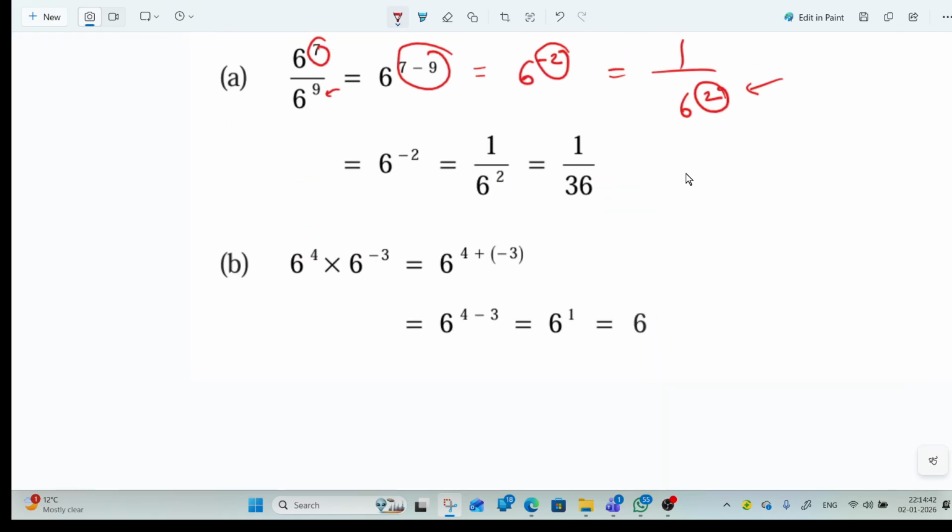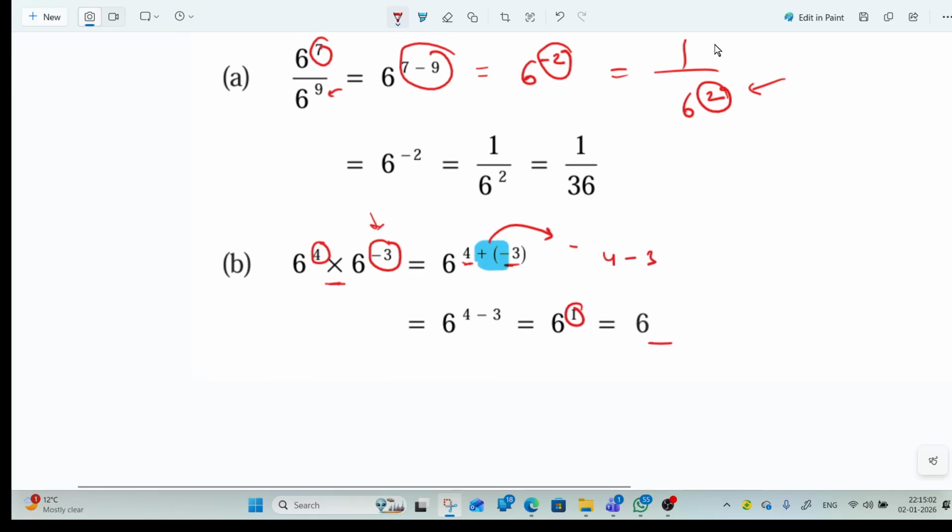In the next question, they are in multiplication, so you need to add them, but don't ignore this negative sign. You will add 4 and negative 3. We learned this in negative numbers: if we have a positive sign and a negative sign, it converts into a negative. So this will become 4 minus 3, which is 1. So you get 6, right?